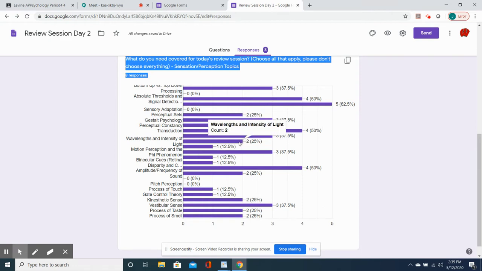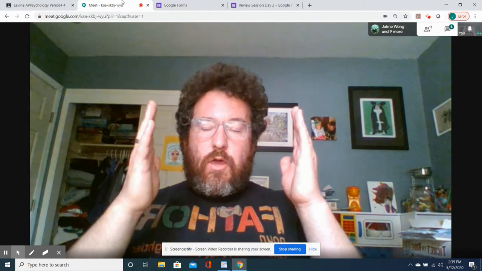Wavelengths and intensity of light. With wavelengths and intensity of light, basically there's just kind of two aspects to it. This is the electromagnetic energy that's visible to us. Other non-visible energy types include gamma rays, ultraviolet light, infrared, and so on. But this is the spectrum that we can see.